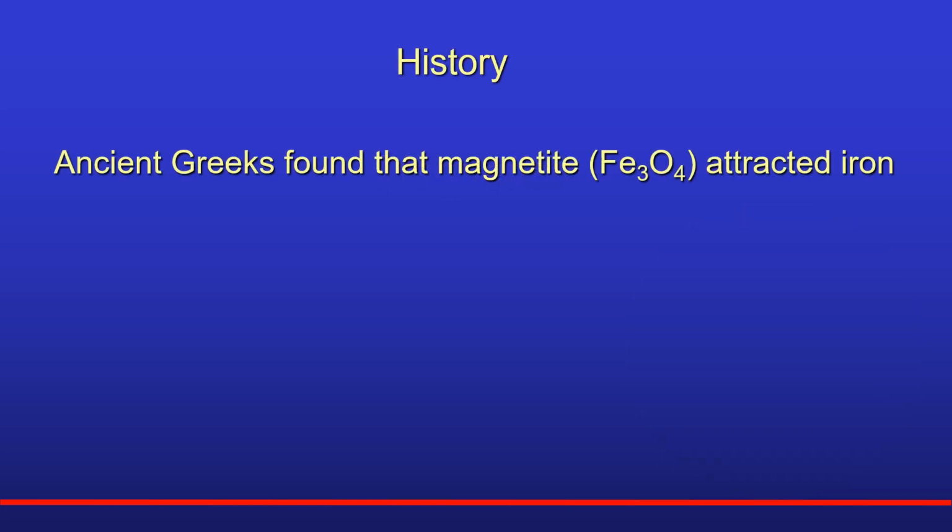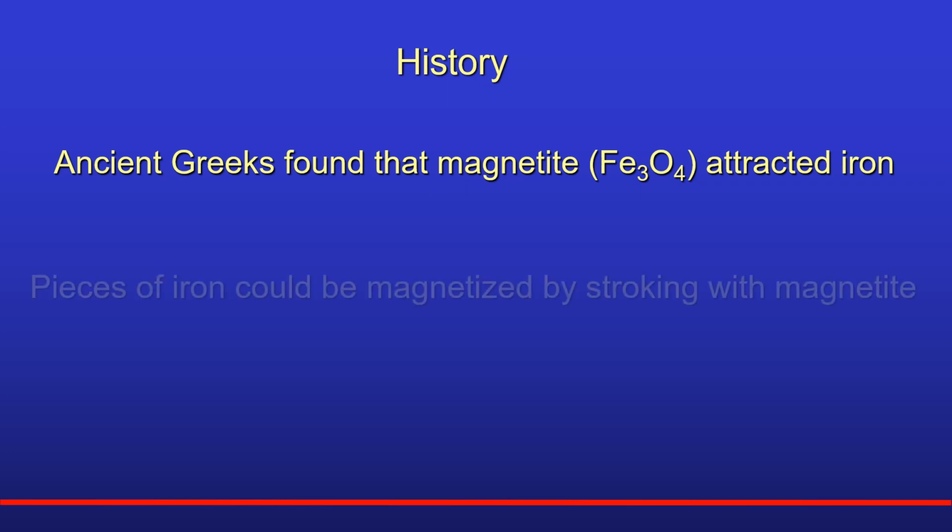The discovery of magnetism is attributed to the ancient Greeks, who found that a particular iron ore called magnetite, an oxide of iron, had the property that it could attract other pieces of iron to itself. Very peculiar.